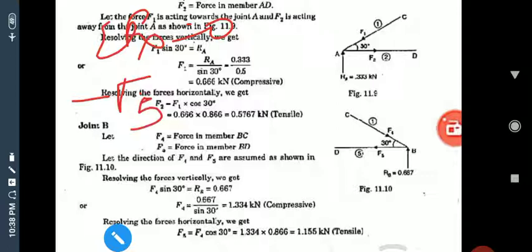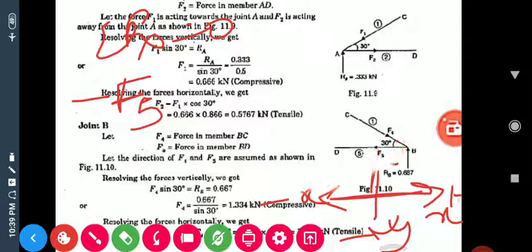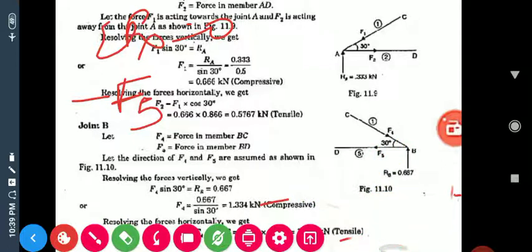Why minus? Because it is acting opposite. If we take the axes, this is positive x, this is negative x, this is positive y and this one is negative y. So this force is acting towards the negative direction of x, hence we will take the value as minus F5.